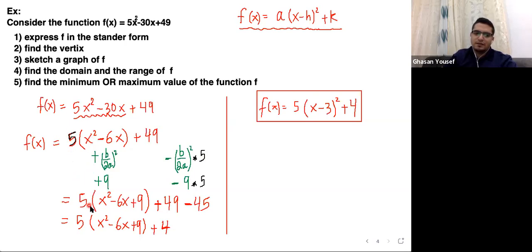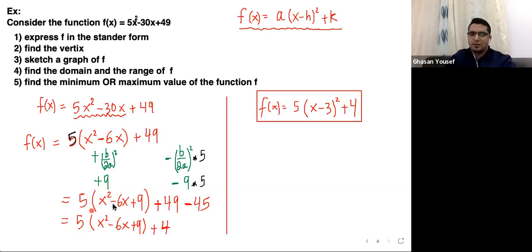So here I get 5 times x squared minus 6x plus 9, because b is minus 6 and a is 1, so minus 6 over 2 times 1 is minus 3, and minus 3 squared is 9. So we're adding 9, and we subtract here 9 times 5.